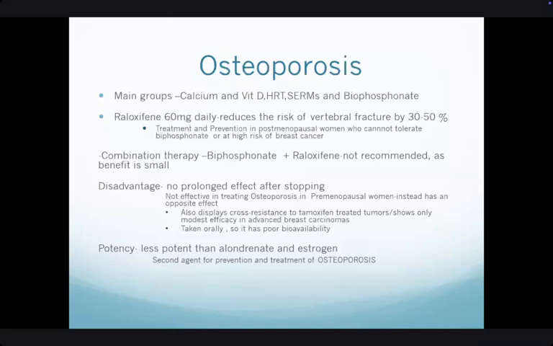But it was found not to be as effective as tamoxifen in tamoxifen-resistant breast cancer. So arzoxifene remained inferior to tamoxifen and was terminated because of the time progression endpoint. In terms of potency, it's less potent than alendronate and estrogen. Therefore, it's used as a second agent for prevention and treatment of osteoporosis.